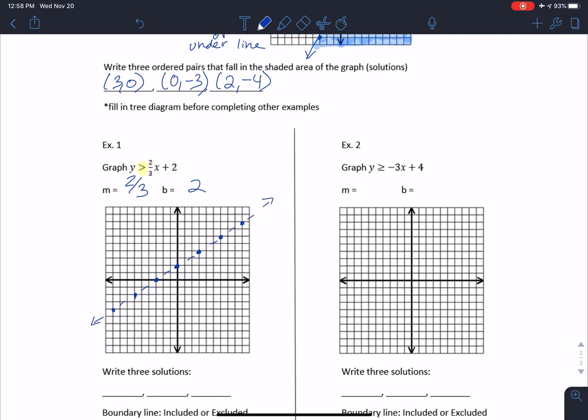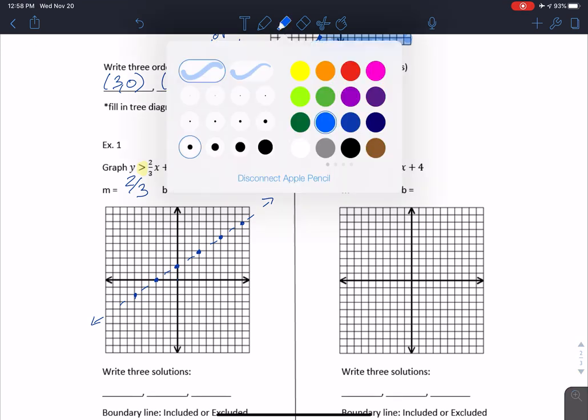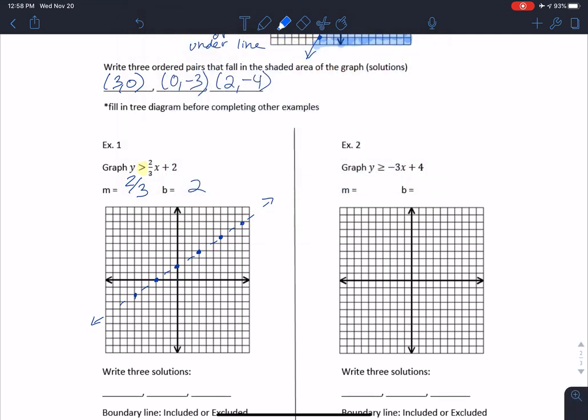Don't color it in all the way. Because it's greater, I'm going to shade above the line. So above the line is this area right here. And I shade that in.